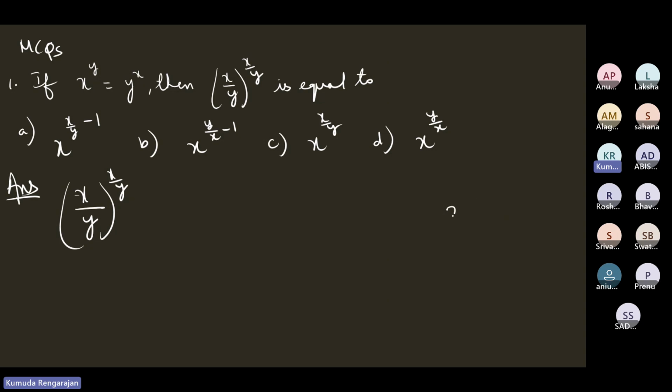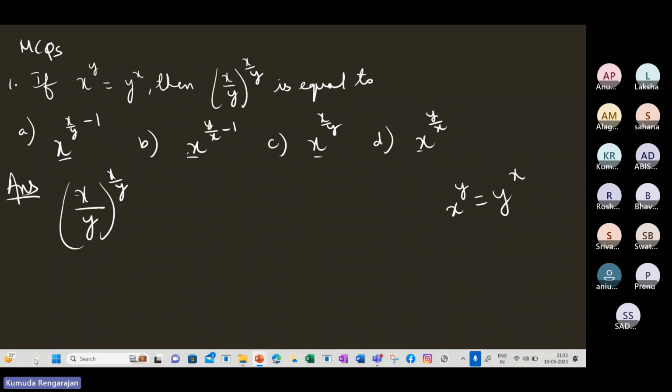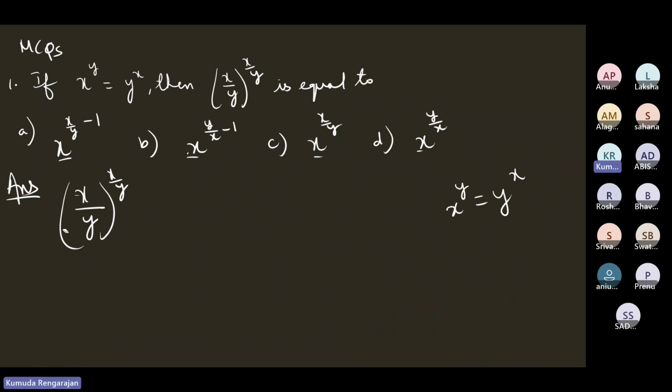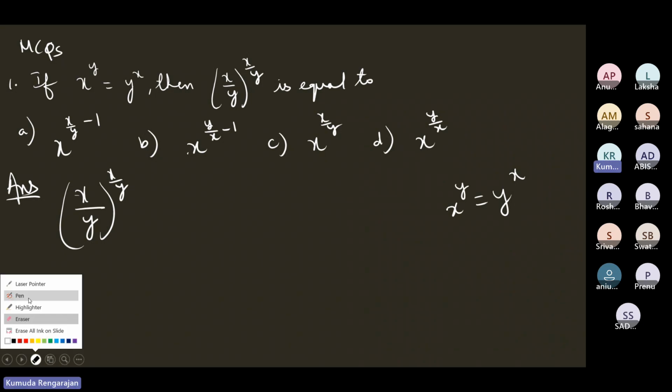Now see, we have x to the power y is equal to y to the power x. The answer you can see has the base x everywhere. Everywhere the 4 options you have have base x. That means in the answer there is no y.